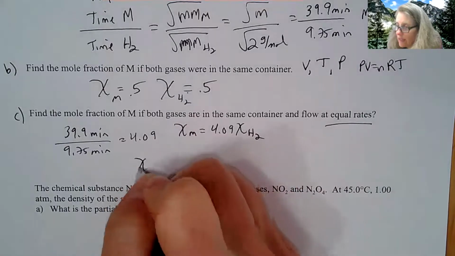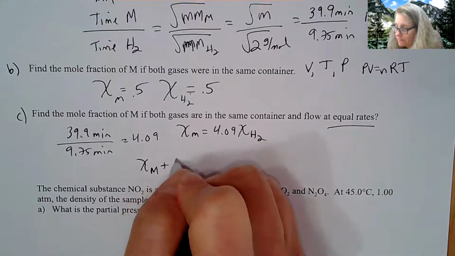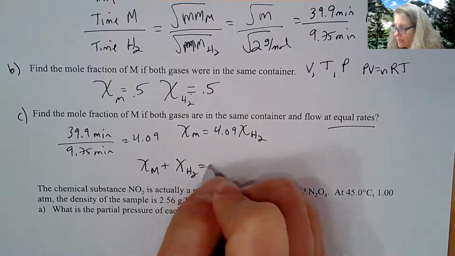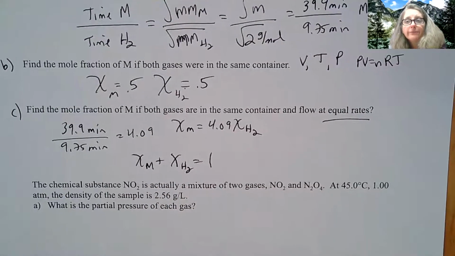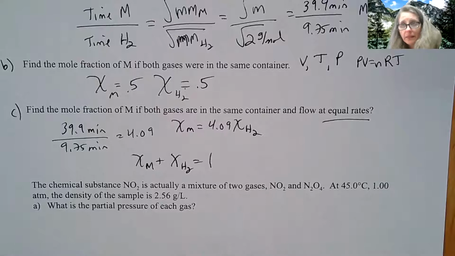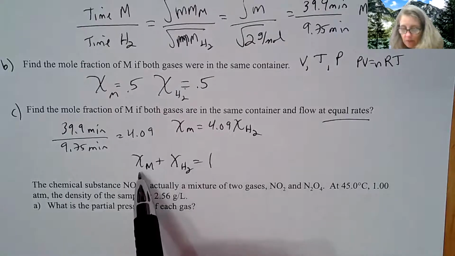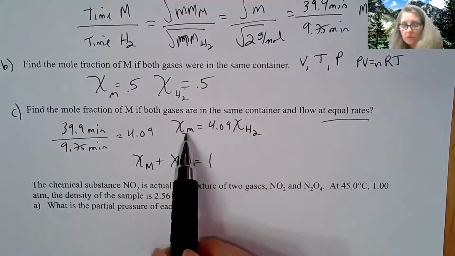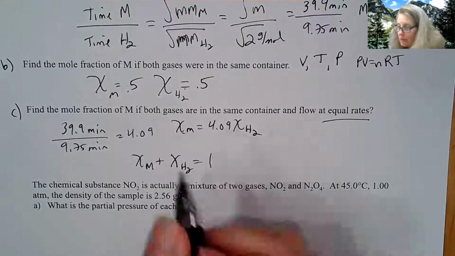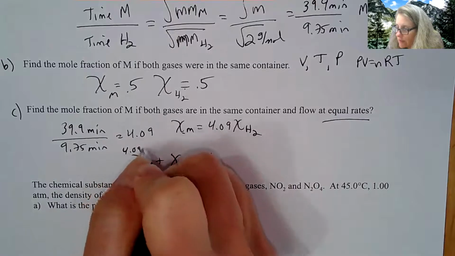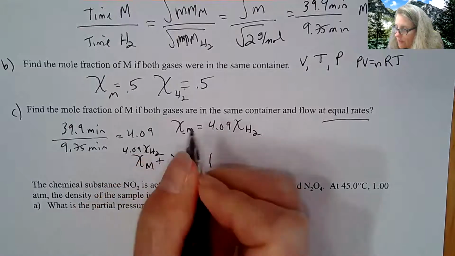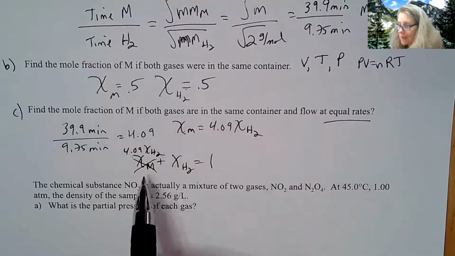I know that every mole fraction in that container is always going to add up to 1, however many gases I have in that container. So I am going to take the mole fraction of M and substitute in 4.09 times the mole fraction of hydrogen. So that's really what I'm doing here.